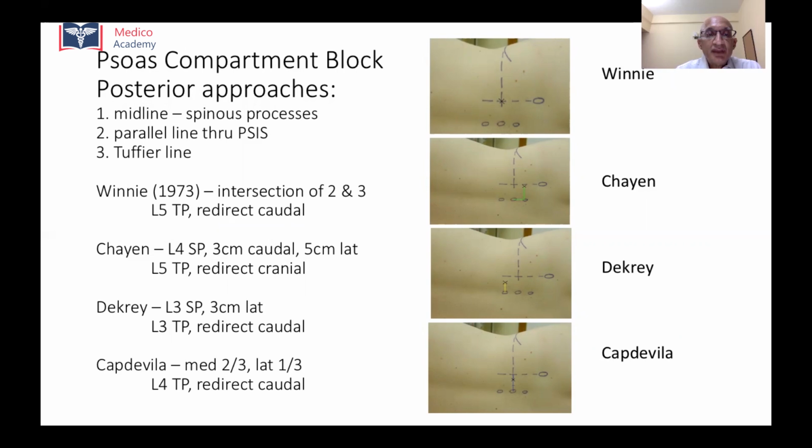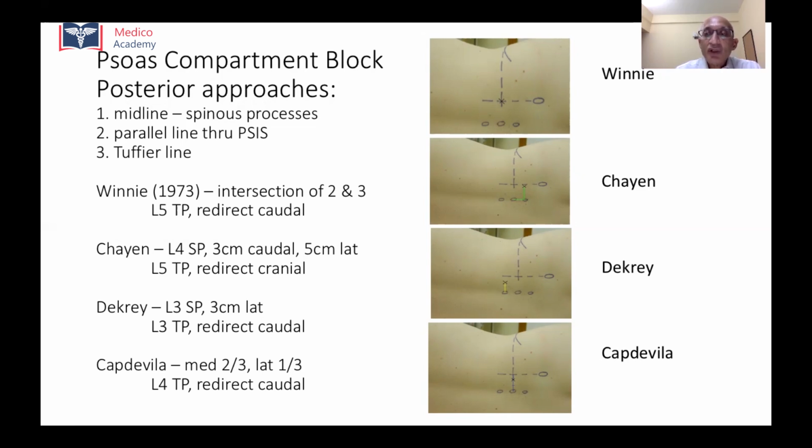Chayen described another approach in which the transverse process of L5 is again targeted, but then the needle is redirected cranially. Dekrey, in his approach, described a needle insertion just 3 centimeters lateral from the midline, striking the transverse process of L3 and redirected caudally.